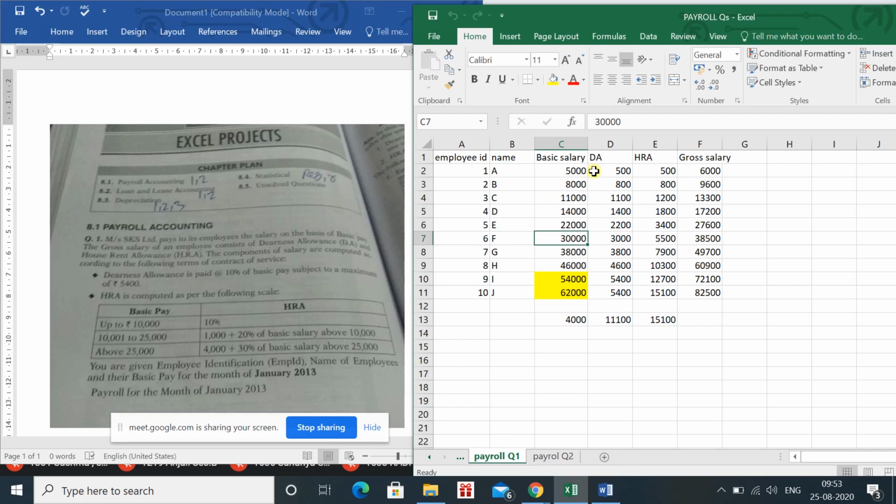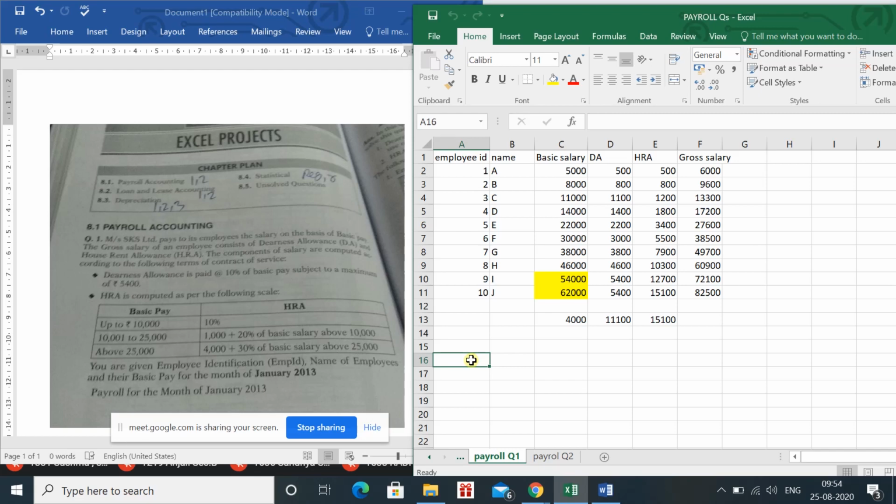Then we have above 25,000. For above 25,000, we have all these categories: 30,000, 38,000, 46,000. And you can see I have highlighted these two, 54,000 and 62,000. The reason is the DA condition. They are saying we want 10% of basic salary, and that should not be more than 5,400.